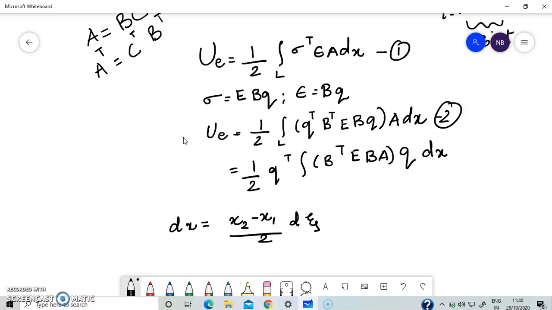This comes from the equation which relates zeta to x. So when we differentiate, we get this, and we know that zeta varies from minus 1 to plus 1. Let us call this equation 3.